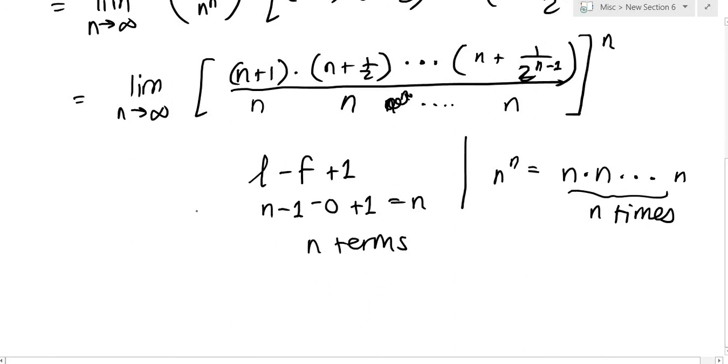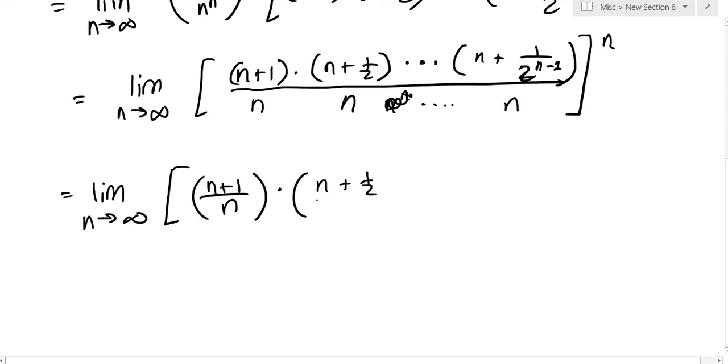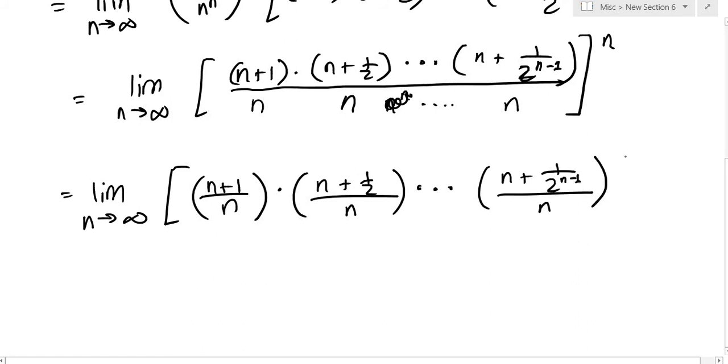So let's just rewrite everything based on these observations. We're going to have the limit as n approaches infinity and in bracket we have n plus 1 over n. I'm writing this as one term with these brackets, and then we have n plus 1 by 2, everything divided by n, and then for the last term we have n plus 1 over 2 raised to n minus 1 divided by n, and everything is raised to the nth power.